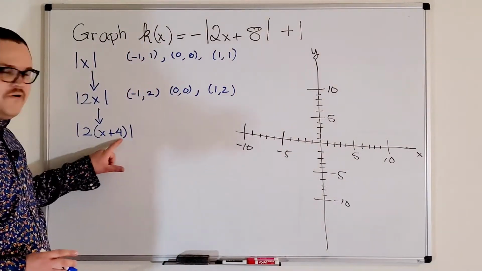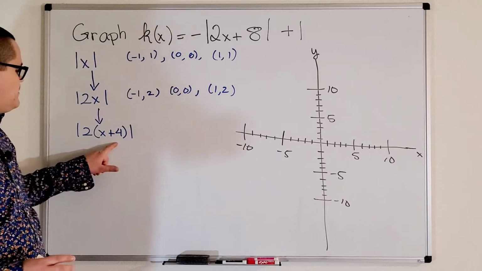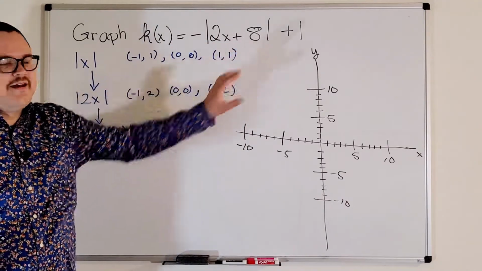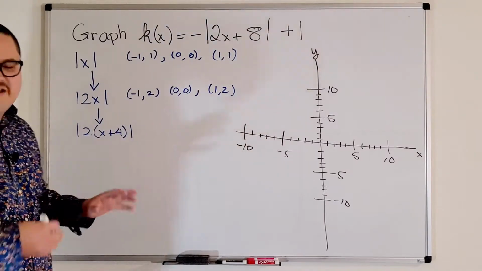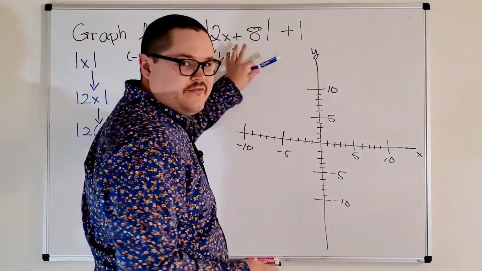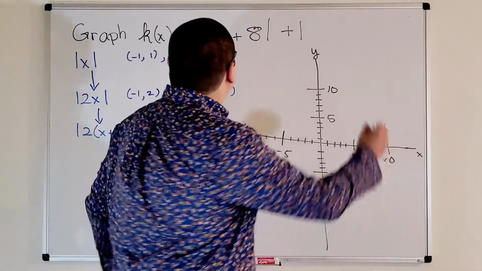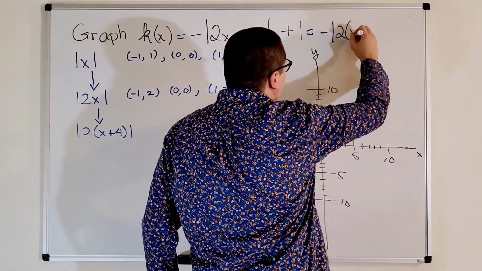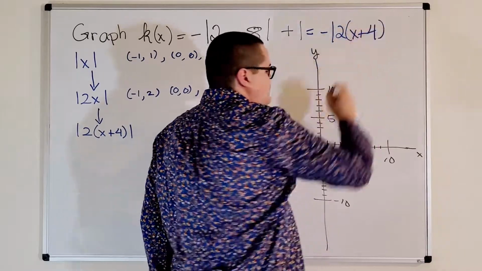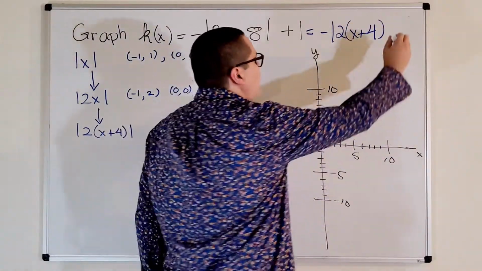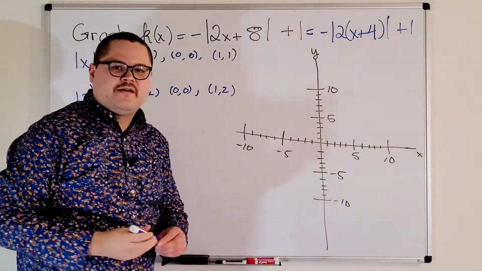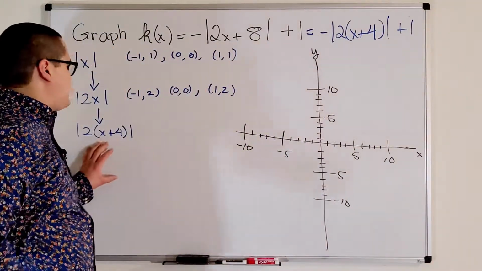I need a 4 here, because when I distribute this 2, that'll give me the 2x plus 8 that I had there. In other words, this original function is equivalent to negative absolute value of 2 times the quantity x plus 4, plus 1. So it's plus 4 and not plus 8.